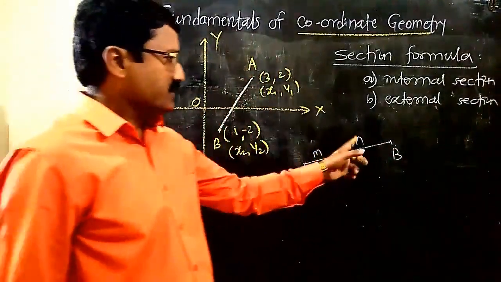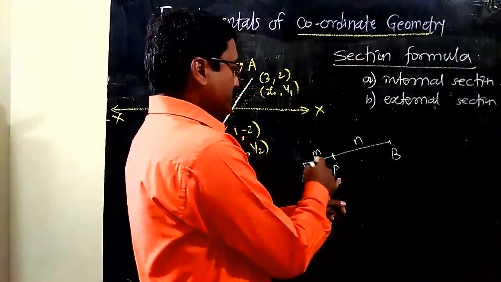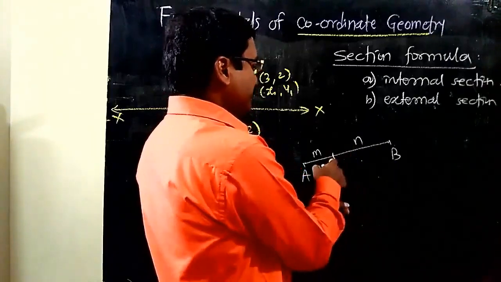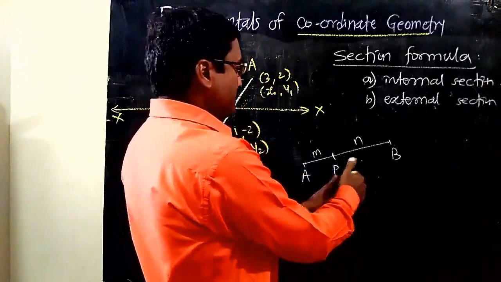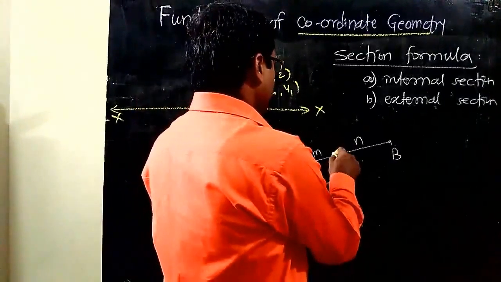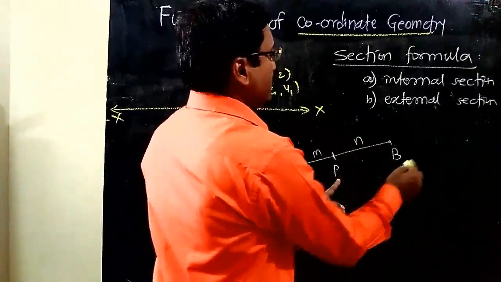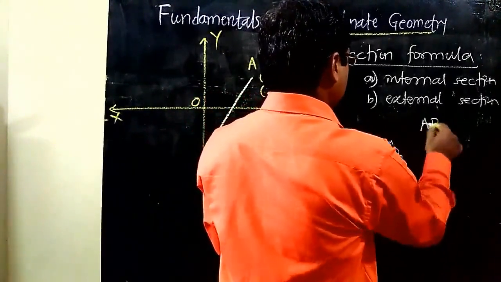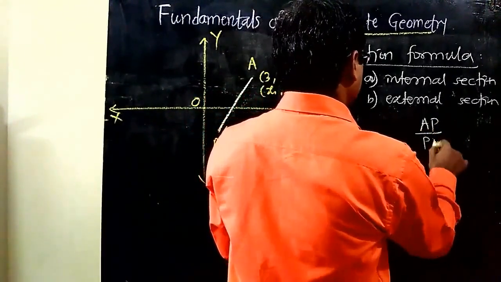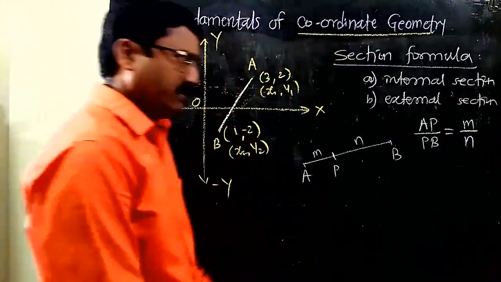If you take these two distances, then we can say that point P divides segment AB internally, because it is inside, or between A and B, so we call it an internal point. So P divides segment AB internally in the ratio m is to n. We can write this as distance AP upon distance PB equal to m upon n.